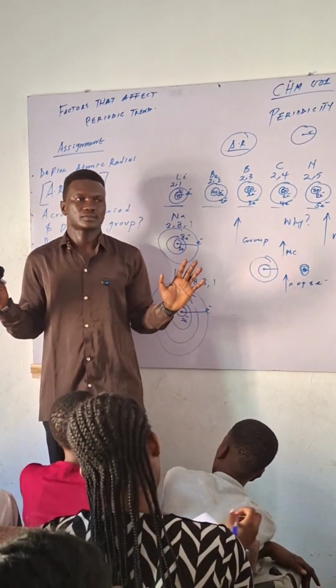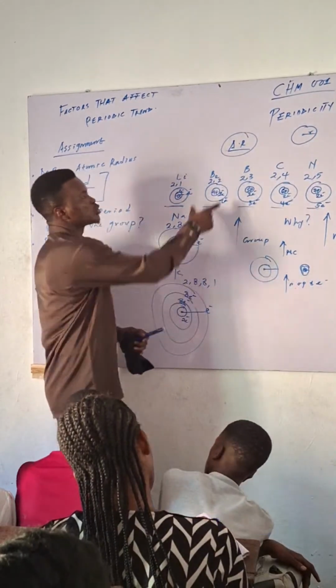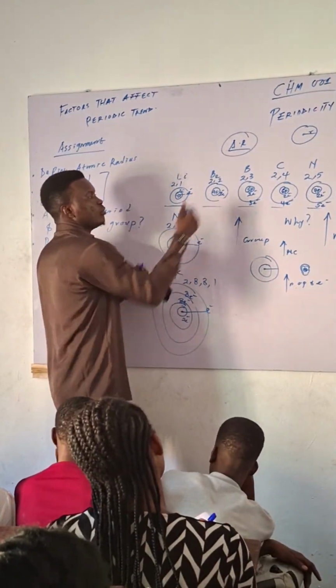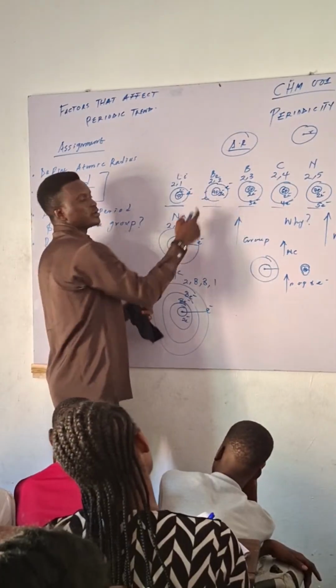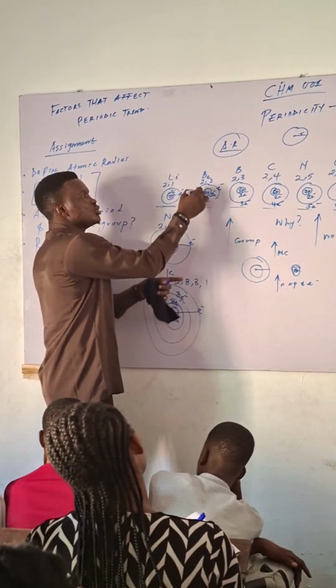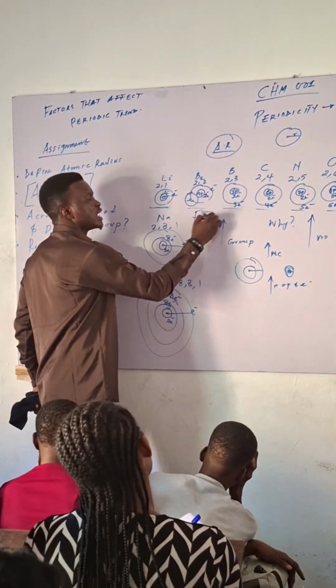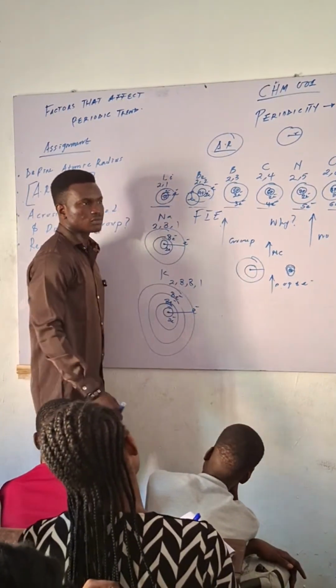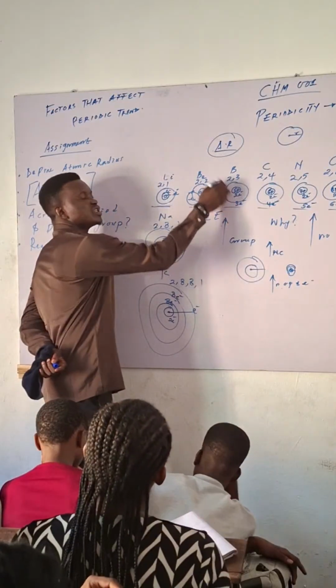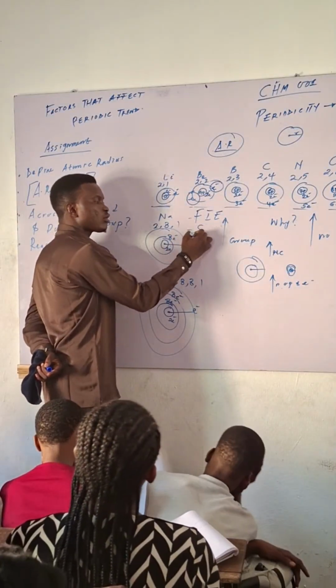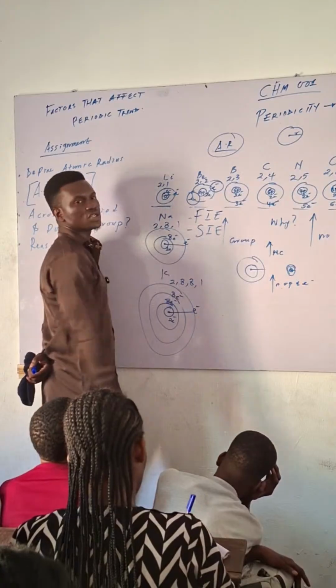That's why. And now, let's say I want to remove these two electrons in the outermost shell from this element. The energy you need to remove that first electron is called first ionization energy. The energy you need to remove the second one is called second ionization energy.